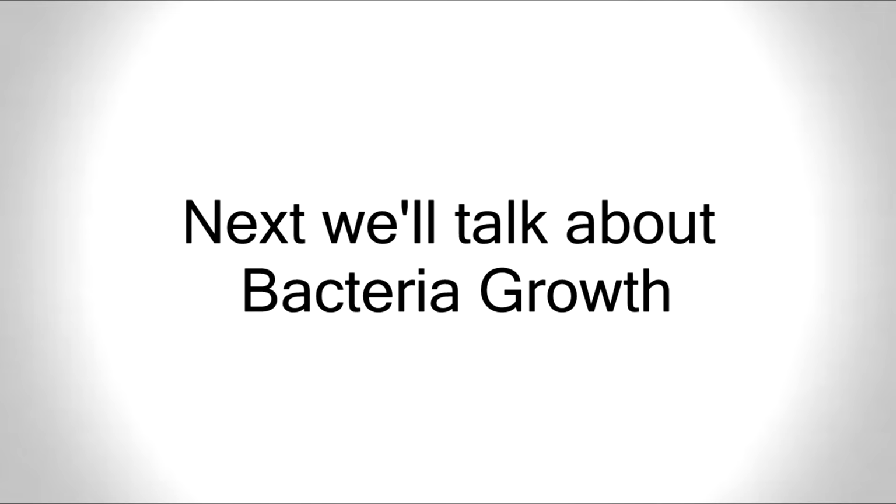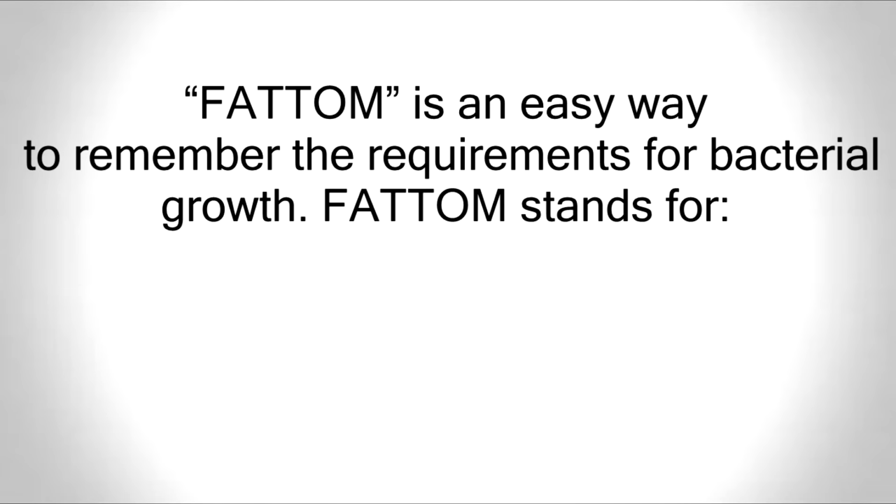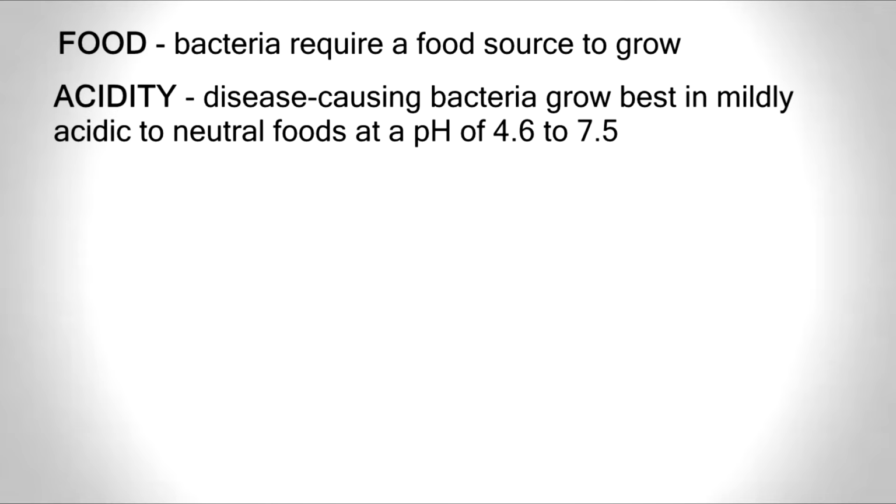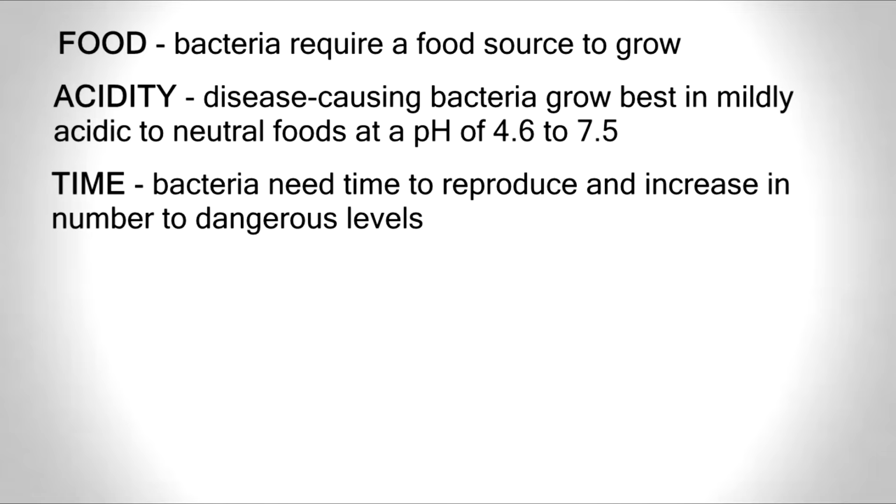Next, we'll talk about bacterial growth. FATTOM is an easy way to remember the requirements for bacterial growth. FATTOM stands for food. Bacteria require a food source to grow. Acidity. Disease-causing bacteria grow best in mildly acidic to neutral foods at a pH of 4.6 to 7.5.